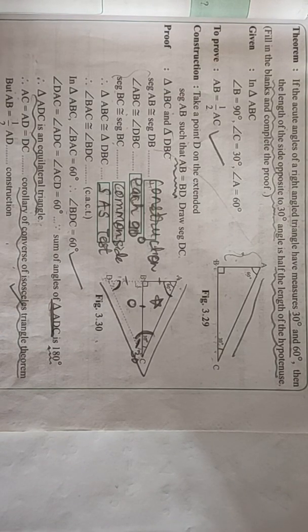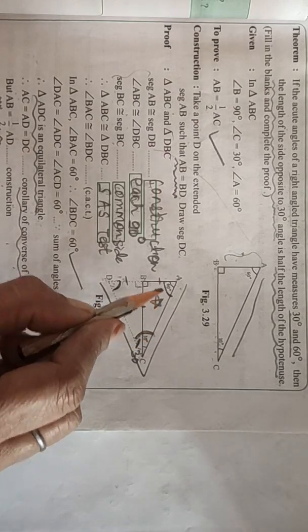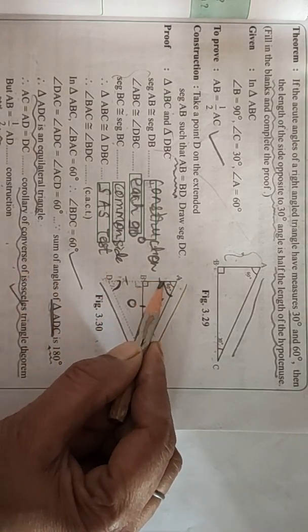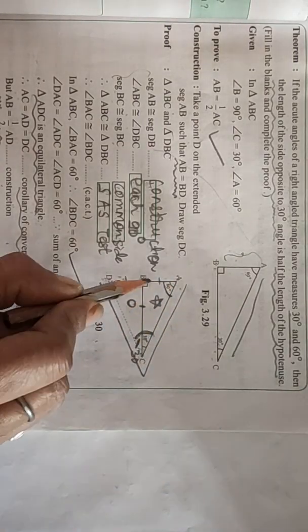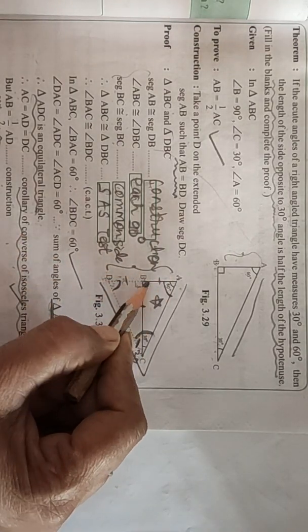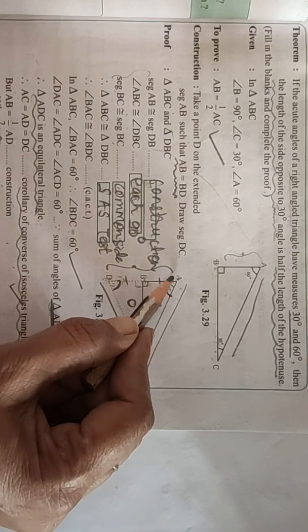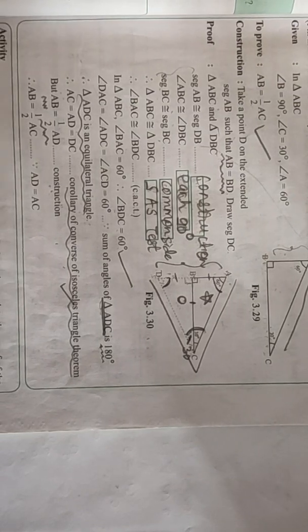Now by construction, you see this AB is half of AD. Let's see here. You see here this AB is what? Half of AD or not? Yes. So we will write by construction this AB is half of AD.